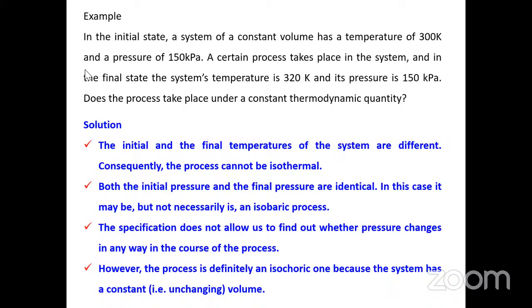And then let's look at the pressure. Both initial pressure and the final pressure are identical. Being identical, you can't see any change. It could be isobaric, or it might not be. Why? Because during the process, while the system changes, you cannot tell. Maybe at a particular stage there was a pressure change before it finally got back to the same pressure.